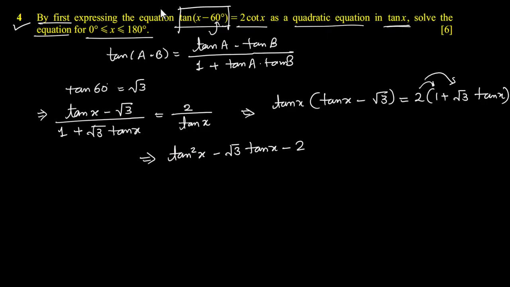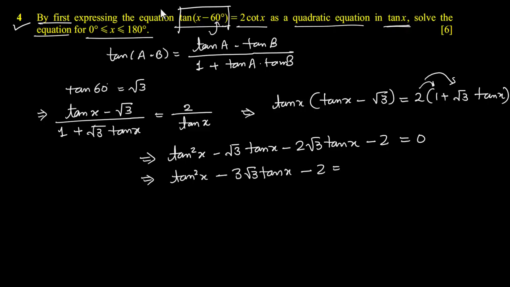It becomes minus 2 root 3 tan x minus 1 equals 0, and here we got a quadratic in tan x: tan squared x minus 2 root 3 tan x minus 1 equals 0. Since it is quadratic in tan x, and I need to find tan x to get the x value, I will use the quadratic formula.